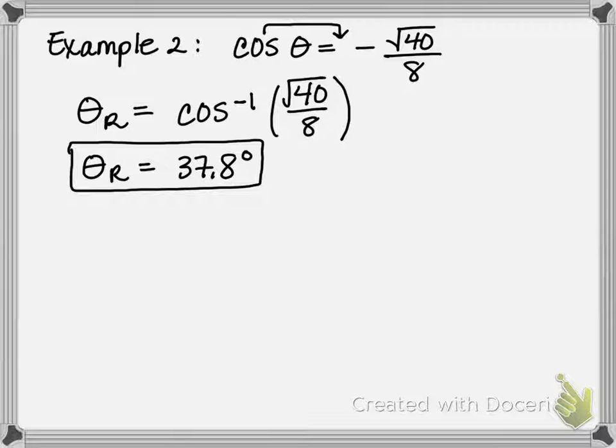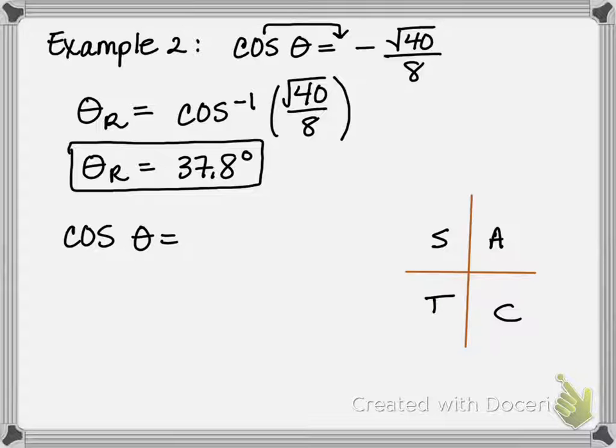All right. And then you were to find the quadrant location. So let me just draw a little picture here. All right, so here are my little quadrants to give us a visual. All students take calculus. So my equation is cosine theta equals negative square root of 40 over 8, right?